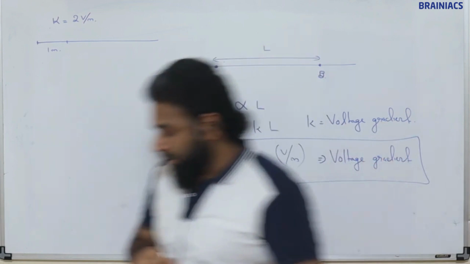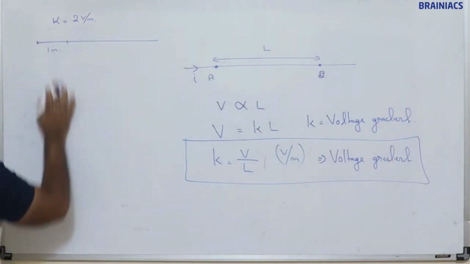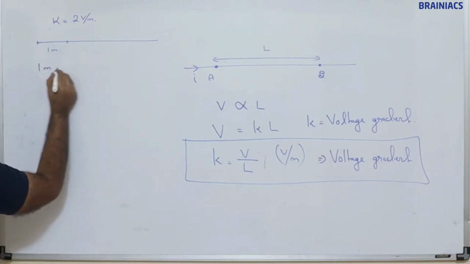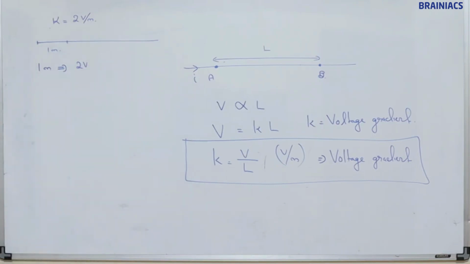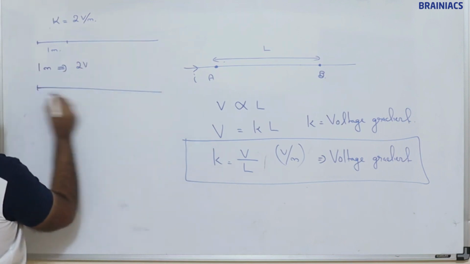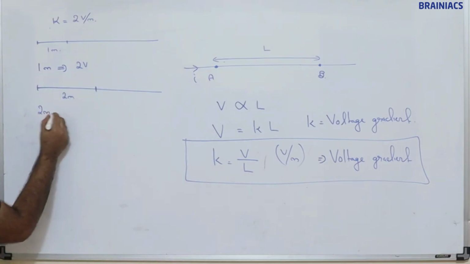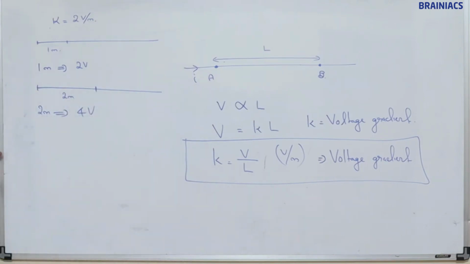Now K is equal to 2 volt per meter. At 1 meter, a 2 volt drop is there. Now for the same wire, if we consider 2 meter, how much will be there? A 4 volt drop will be there.